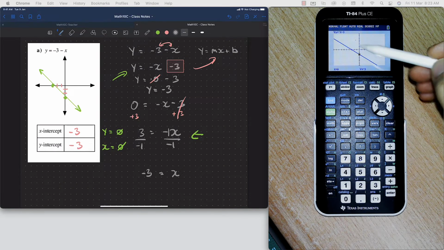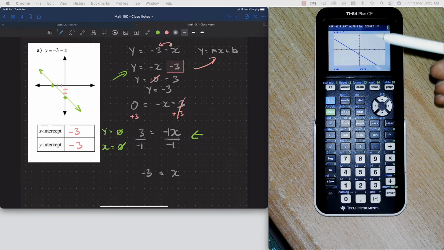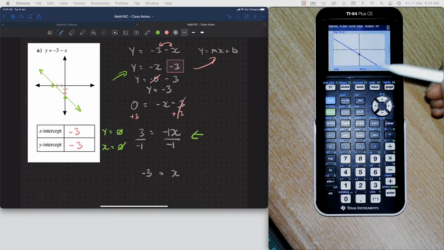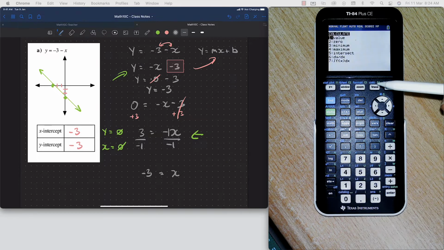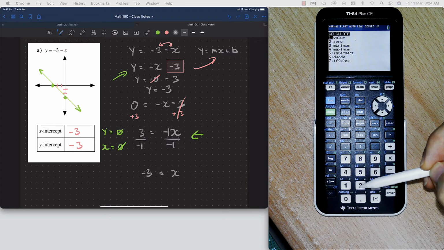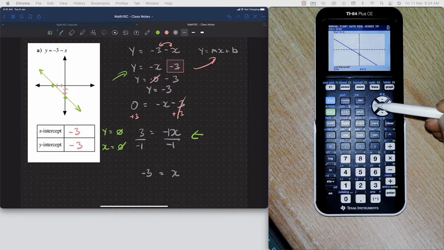Now to figure out the x-intercept, which is over there, it looks like it's going through the negative 3, but it could be a little to the left or a little bit to the right. So to do that, we're going to go second trace, which is calc. We want to calculate the 0 value. Which 0 value? The 0 value of y at the x-intercept.